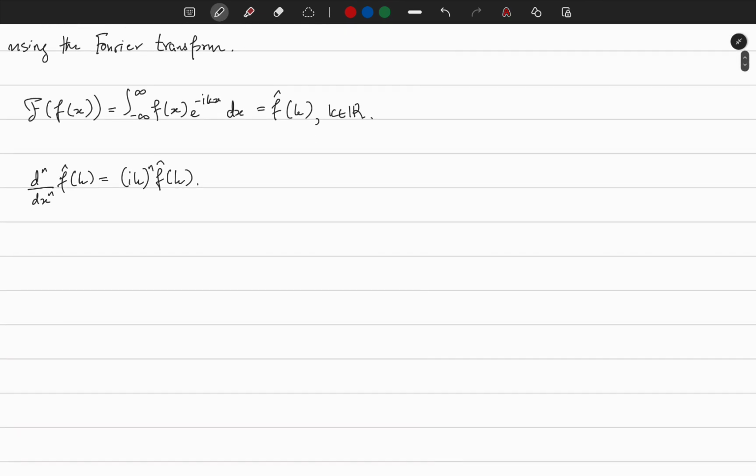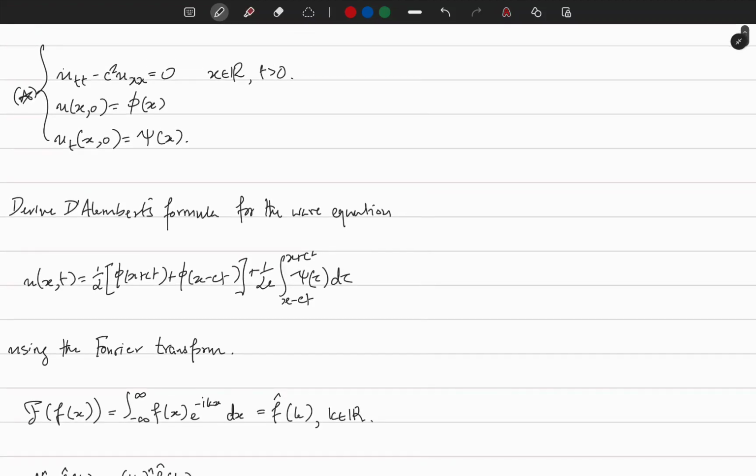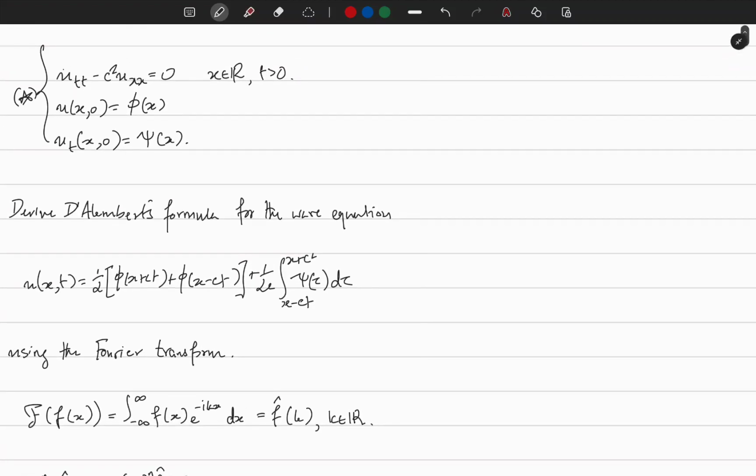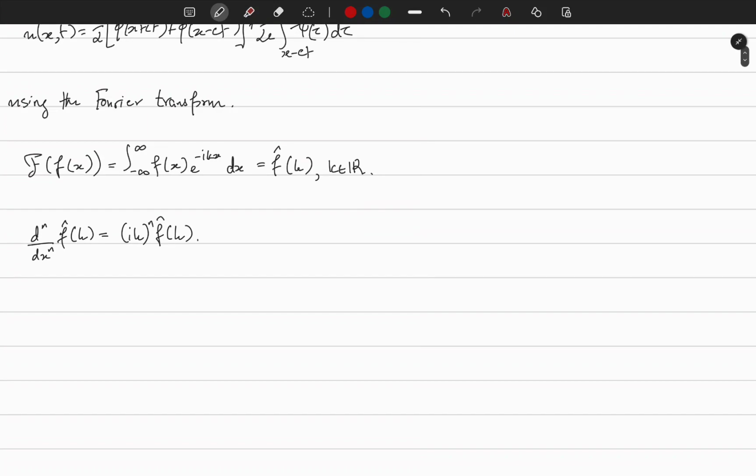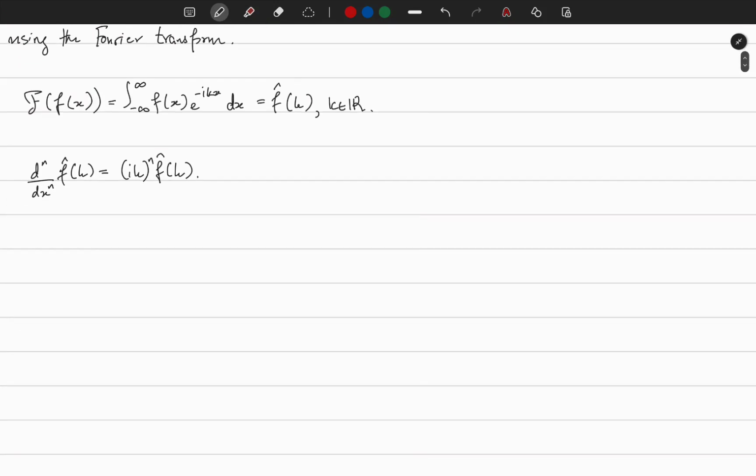So that will be helpful because in the wave equation we do have a uxx term. So two spatial derivatives taken at the same time.